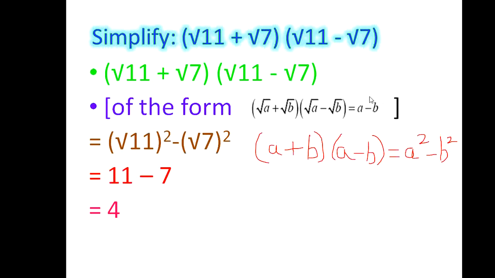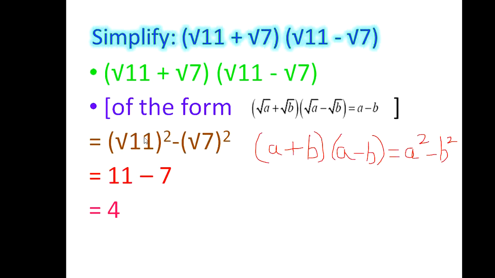So the result is a minus b. You can take the algebraic identity also, I have written it here to show the difference. By solving that you will get the answer square root of 11 the whole square minus square root of 7 the whole square.